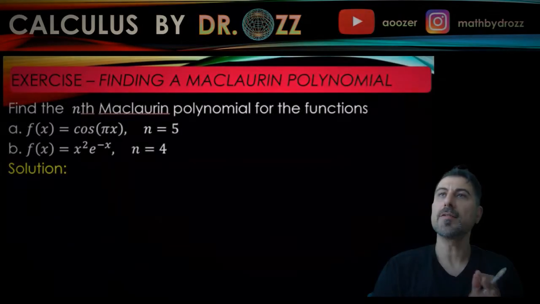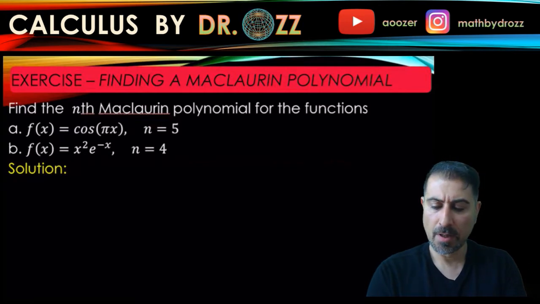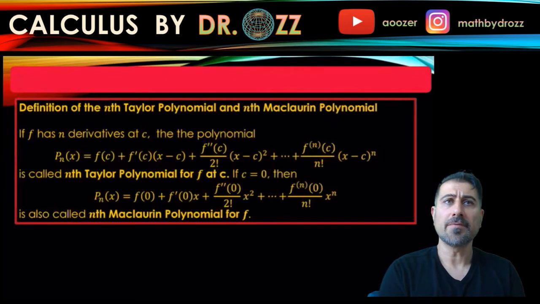All right, let's start. Let me remind you what a MacLaurin polynomial is, but in the meantime, I'll show you what the Taylor polynomial is. Let's say you have a function f that has n derivatives, so it's differentiable n times at c.